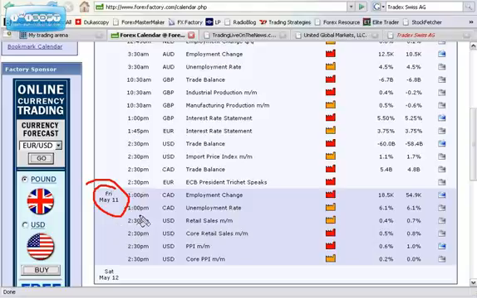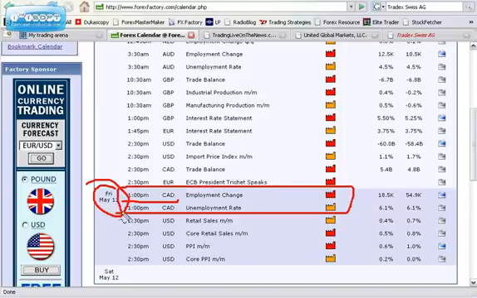The first thing we see is that at 1 p.m. Euro time we have an economic release for the Canadian dollar, the employment data. That's an important one, guys.